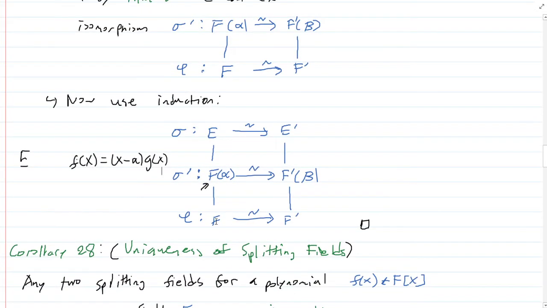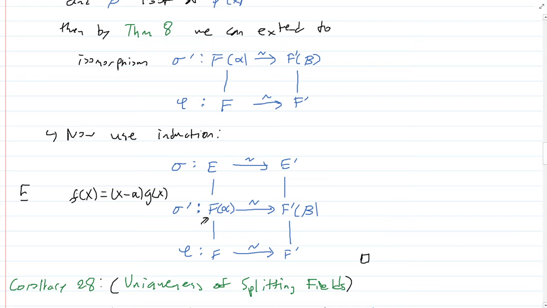So in the polynomial ring with coefficients in this field, you can factor out this linear factor x minus alpha because alpha is in that field, right? So you can factor that out, and now you have g of x remaining, and E is actually the splitting field of f adjoin alpha of the polynomial g of x, right?